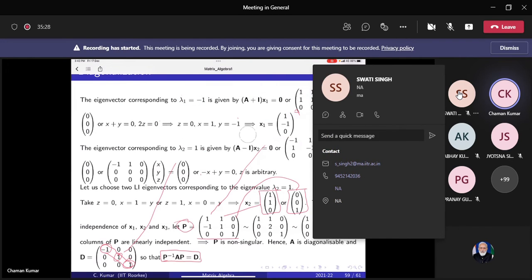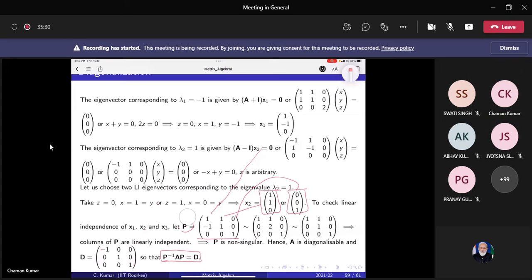So this shows that distinct eigenvalues leading to a diagonalizable matrix is just a sufficient condition, not a necessary condition.